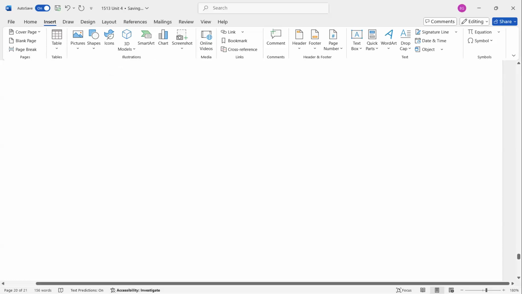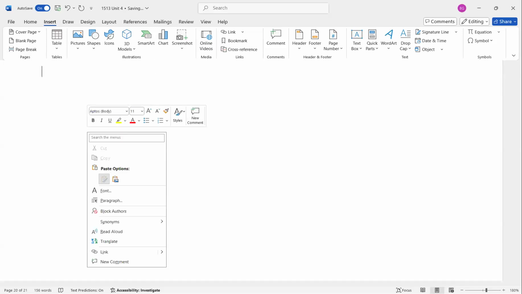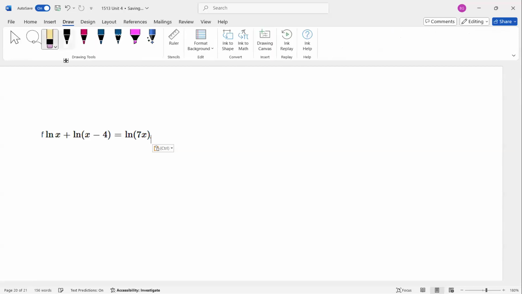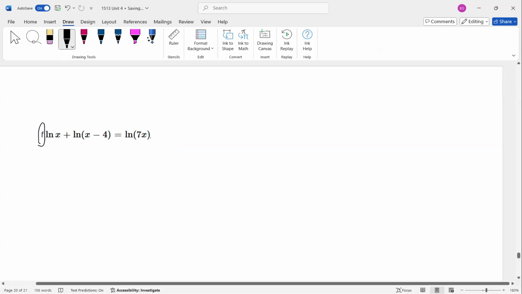Okay, now I have the whole page for this question. Number 4. I believe this is just the stem, this part. I don't think that's something significant.